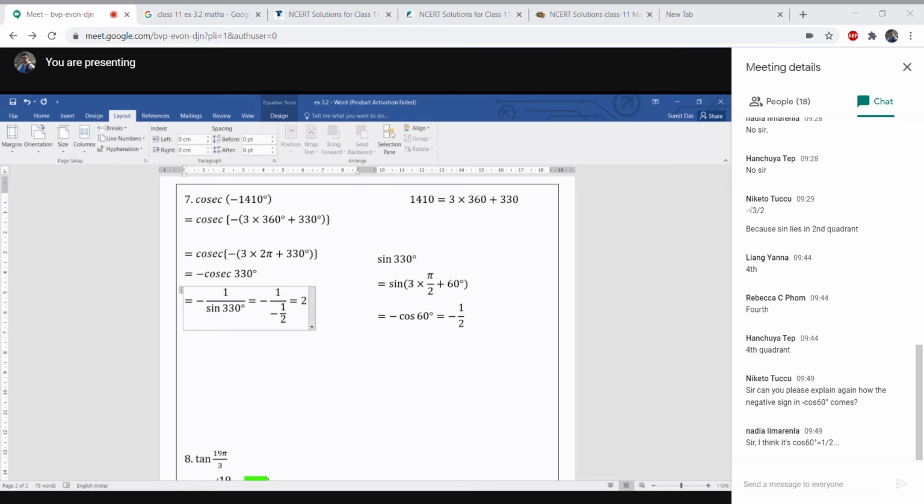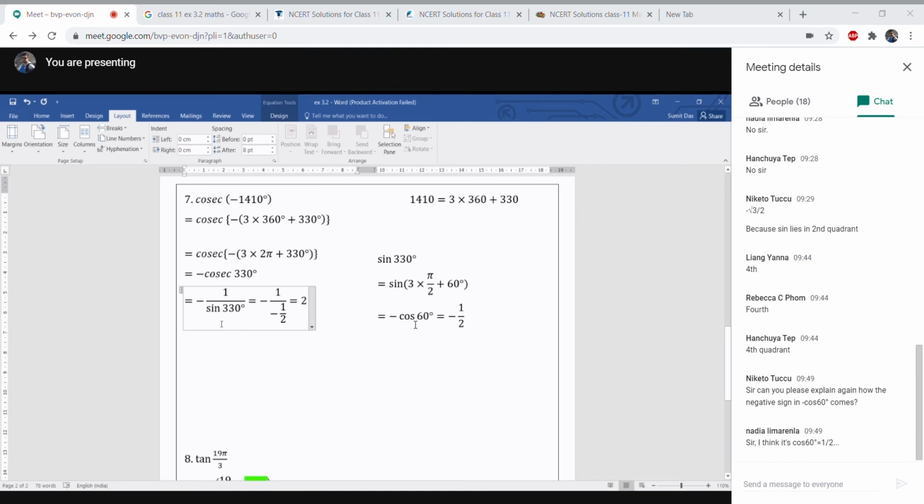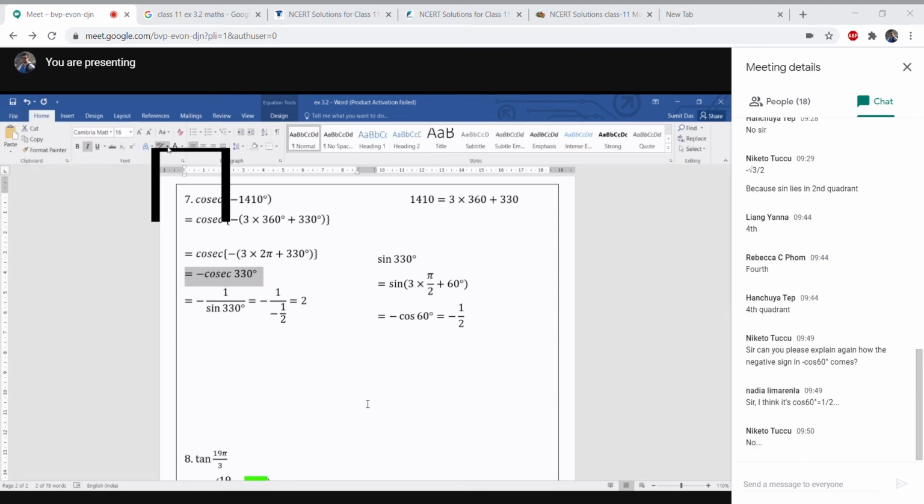Niketos, wait, you want me to explain again how the negative sign comes in minus cos 60 degree? Which line do you have doubt about, yellow or blue?